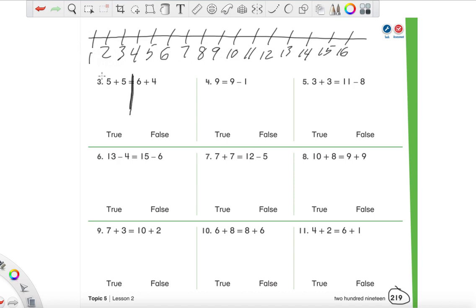But I want you guys to go ahead and try number 3 on your own. Do the totals for each side match? True or false? Okay, so go ahead, take your time, solve this one. So on one side we have 5 plus 5. The other side we have 6 plus 4.